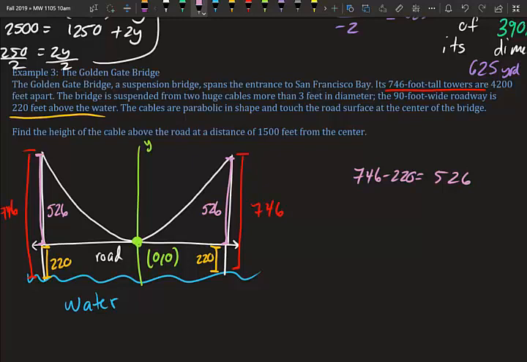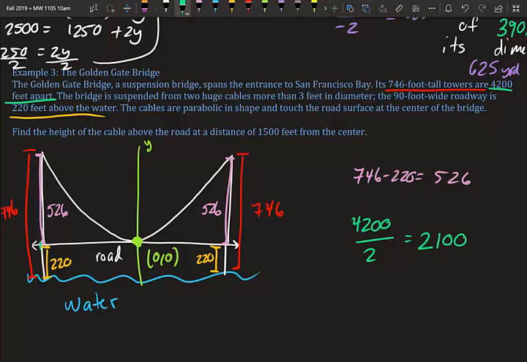And then it also says that the towers are 4,200 feet apart. So that means from the left tower to the right tower, it's 4,200 feet. So if we have two sides of the towers, 4,200 divided by 2, we get 2,100.